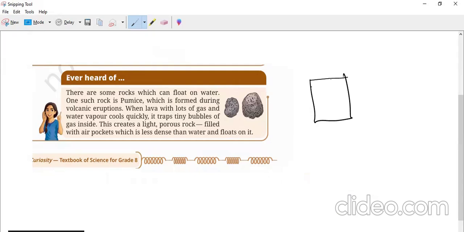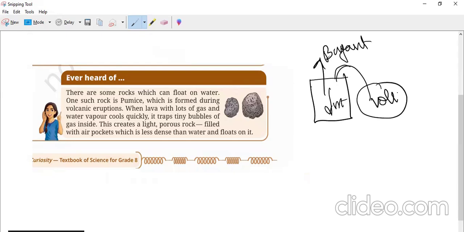The Archimedes principle says that something will float if the buoyant force and the weight are equal. Now the buoyant force depends on the volume of the liquid displaced, or thrown out, or overflowed.